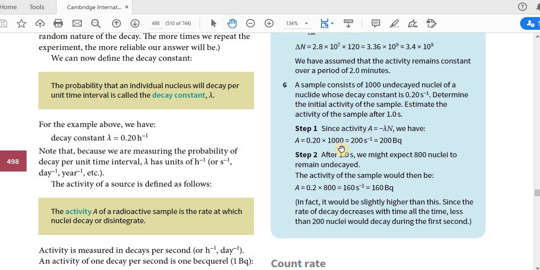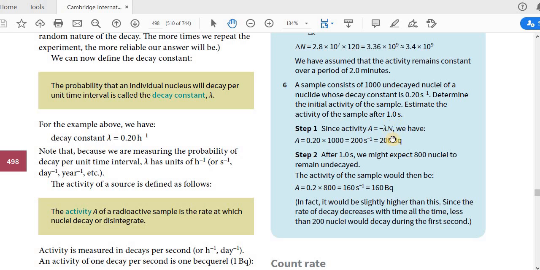Then we have 1000 undecayed nuclei. So after 1 second, what happens? That activity, 800 nuclei have gone. So 800 nuclei remain.